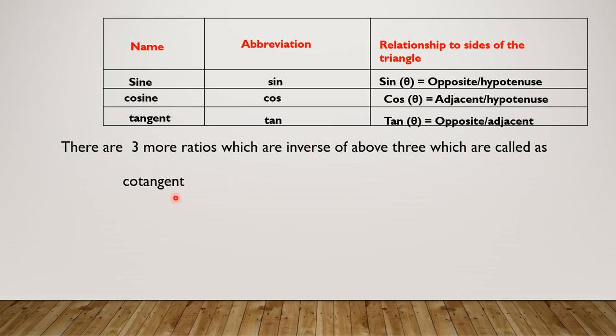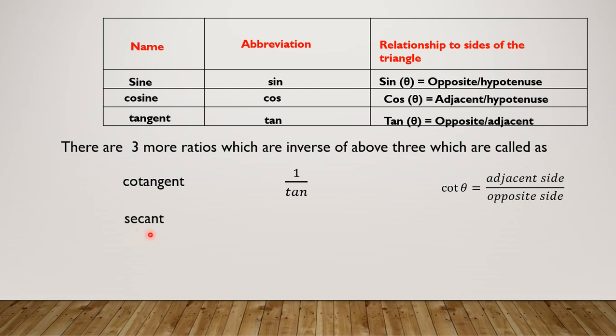So the next relation is cotangent, known as 1 upon tan, and we call it cot theta. Cotangent is written as cot theta, and this is the inverse of tan. So for tan theta the relation is opposite upon adjacent, and for cot theta we have adjacent side upon opposite side.